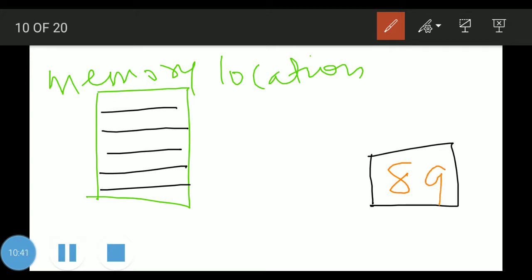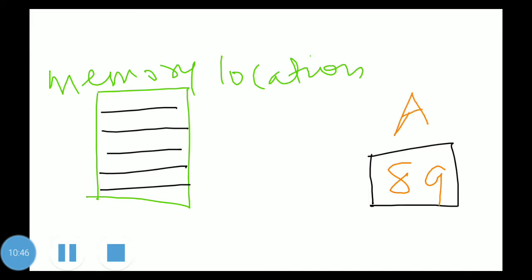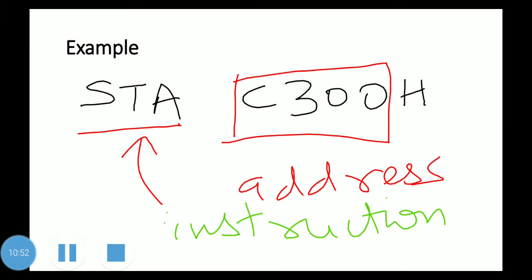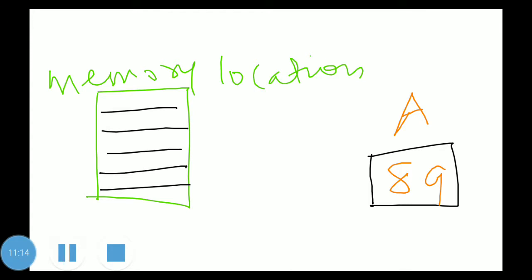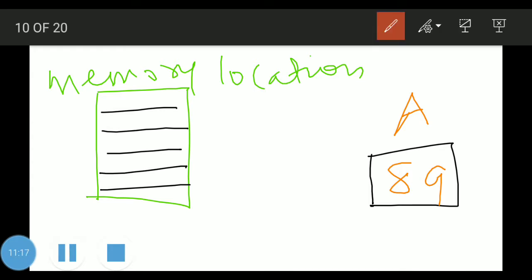Now take a look at this example. In this example it is given STA. The full form of STA we will consider in our instruction part. Presently, just understand that ST means store and A means accumulator. Store the content of the accumulator in memory location C300. I have the content of the accumulator, and I need to store it in a location. Suppose I have locations C200, C300, C301.